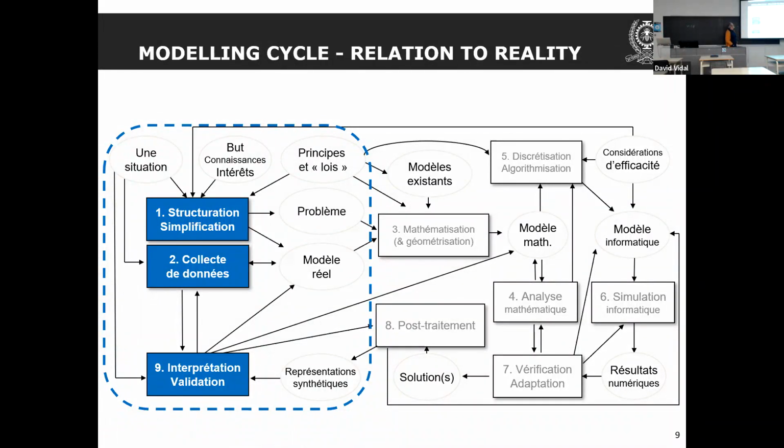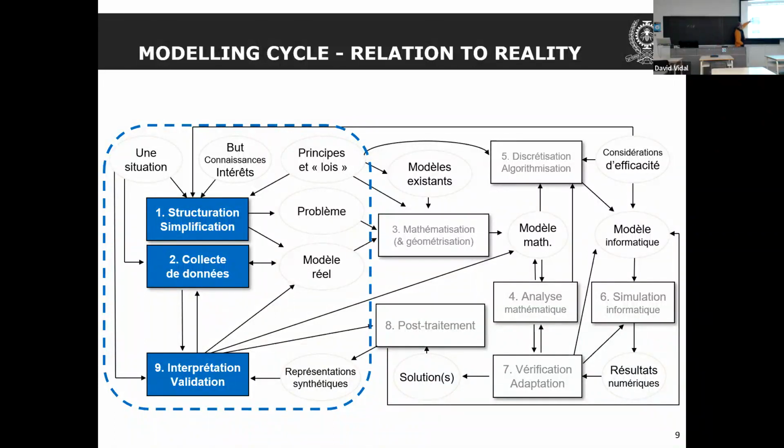So the first step is to structure your problem and then eventually simplify it. As we said, we cannot resolve all systems in a detailed manner so that we can completely predict the behavior of any system on the face of this earth.